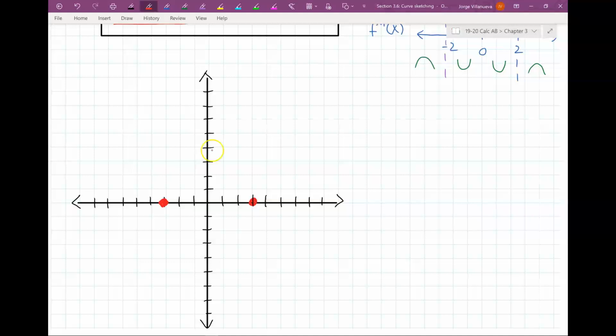All right, 9/2, that's 4.5. So right there. Okay, so I got my intercepts. Next were my asymptotes. Where were my vertical asymptotes? Plus or minus 2. Okay, thank you. So here's one of them, and here's the other one.